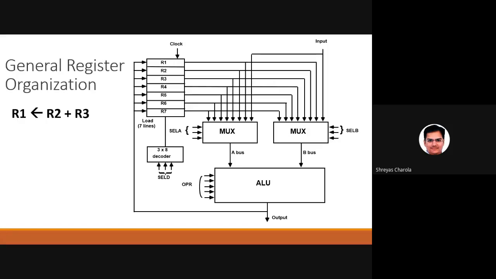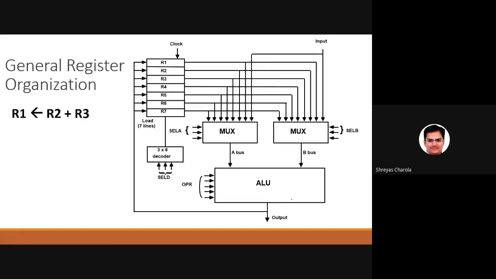How many opcodes are possible? 3 only, Arshit? How would it be 3? How many opcodes or how many instructions are possible? 8? No. 6?